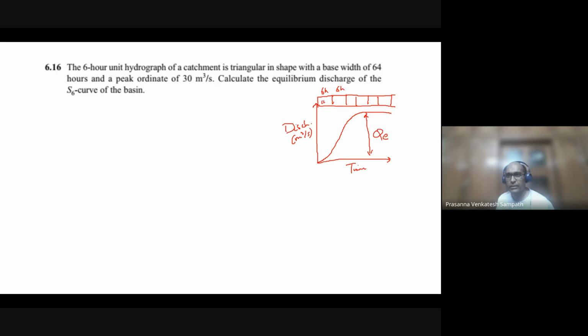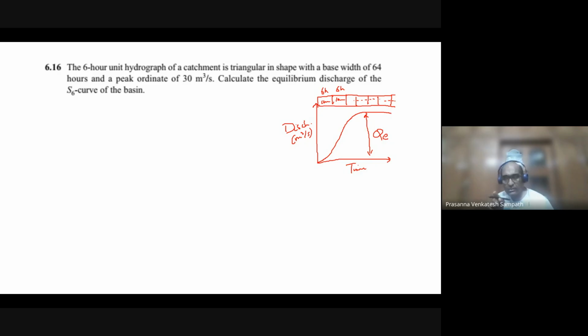So it's 1 centimeter, 1 centimeter for infinite, and just keep extending that. Each box represents 1 centimeter of excess rainfall happening in 6 hours, and like that I have an infinite number of boxes, stacked one after the other, no gaps in between. So I get continuous excess rainfall, 1 by 6 centimeters per hour, happening for an infinite time, which produces this curve.